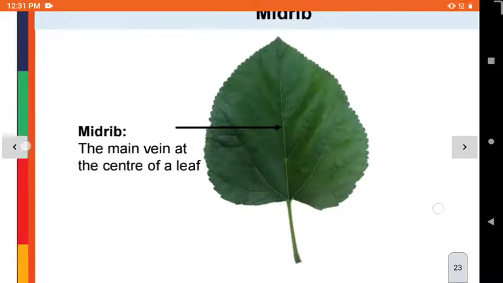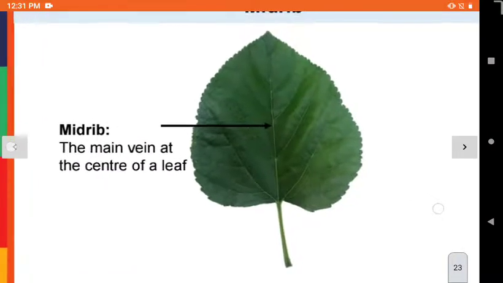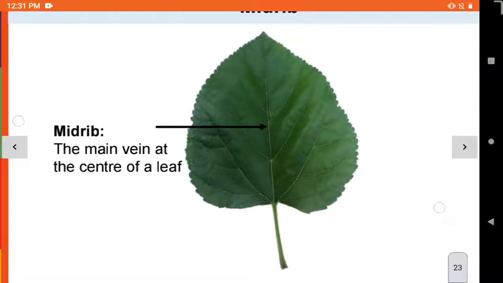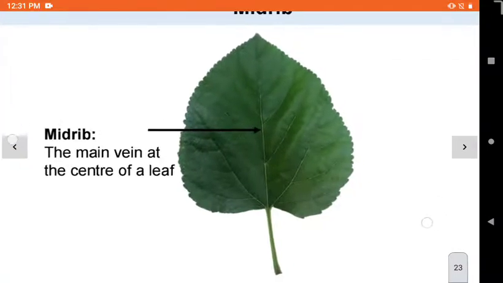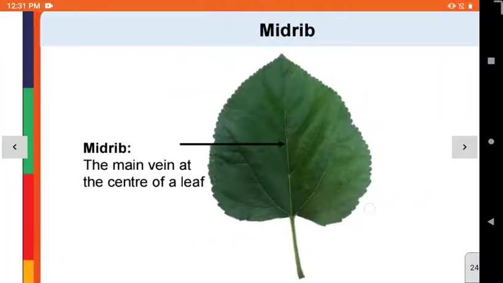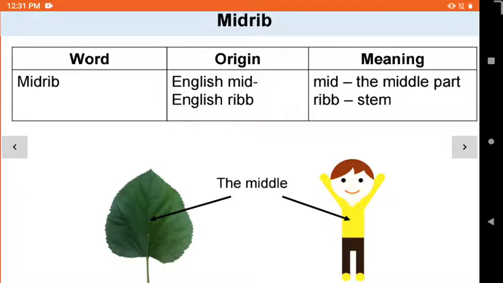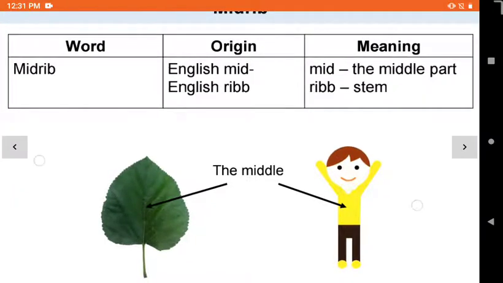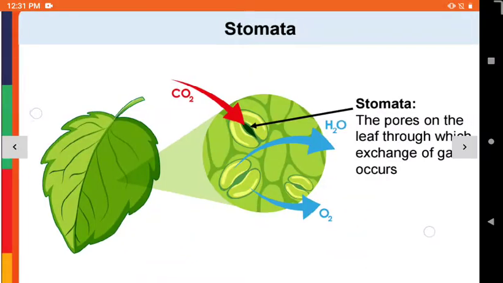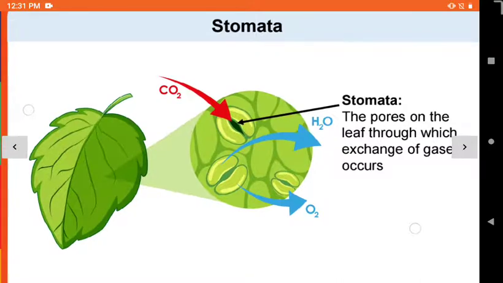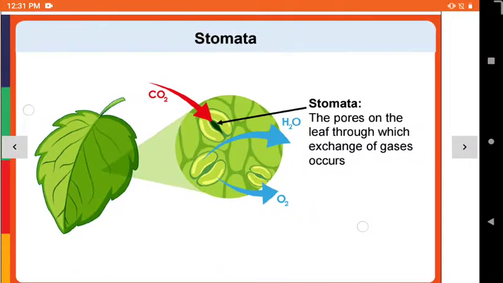Next part is midrib, the main vein at the center of a leaf. Midrib is main vein at the center of a leaf, we call midrib. So midrib means the middle part. Rib means stem, middle part of stem. Next is stomata, the pores on the leaf through which exchange of gases occurs.